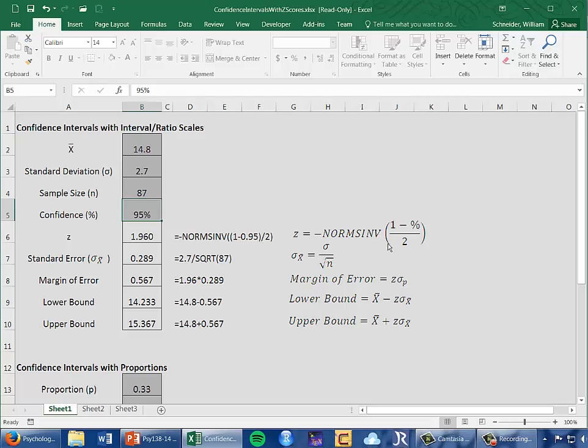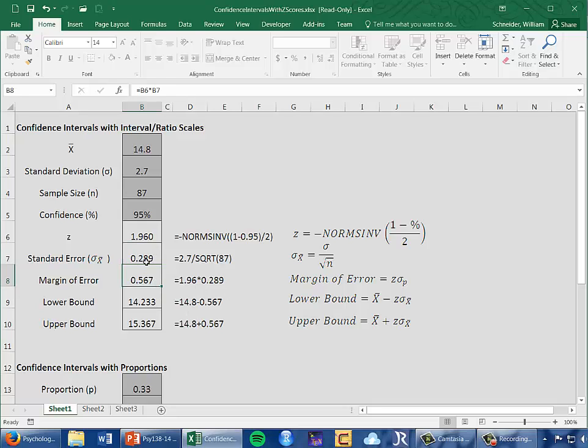Here it has all of the formulas that it used to make all these calculations. The z-score that corresponds with the 95% confidence interval is 1.96. Our standard error is we take the standard deviation of 2.7, divide by the square root of 87, and it's going to come out to be almost 0.3, 0.289.